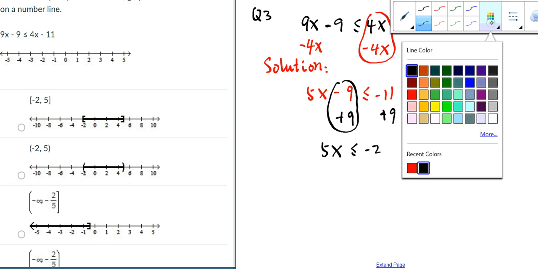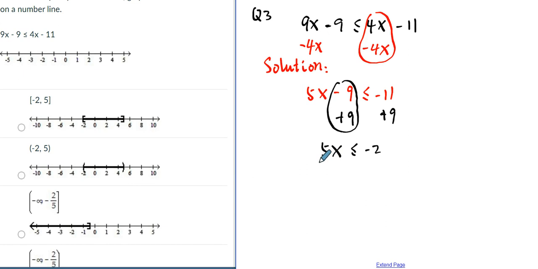In this case, both sides divided by a positive number, or you may say multiplied by positive 1/5, or divided by positive 5. Here you will get 1, 1 times x is x, less than or equal to negative 2/5.